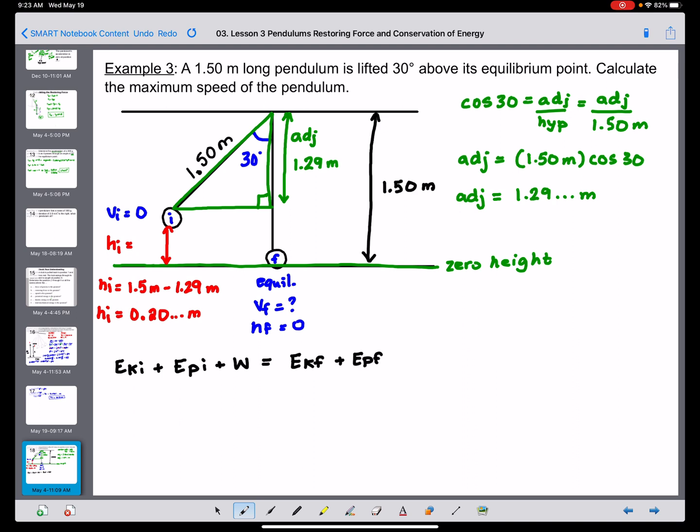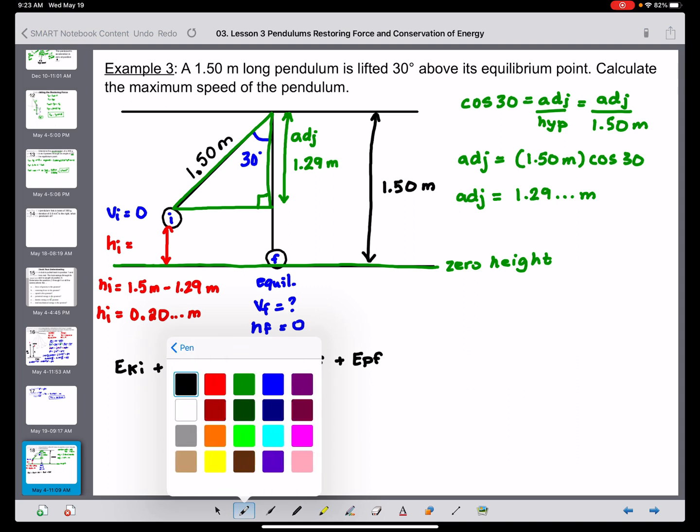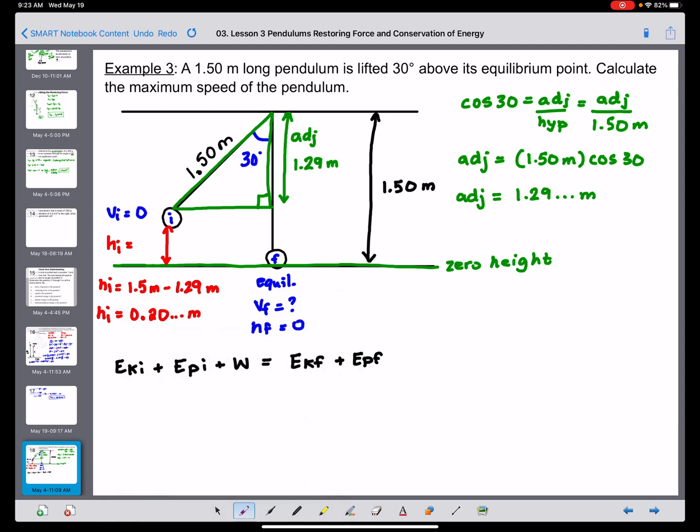And again, let's cross out things that are 0. So since VI is 0, EKI is 0. Since HF is 0, EPF is 0. And again, since it's a pendulum and we know energy is conserved and the question doesn't mention friction, work is also 0. So we have just EPI equals EKF.